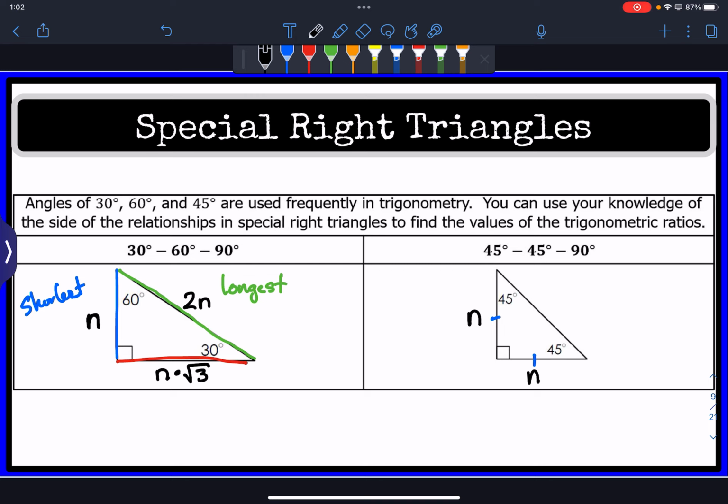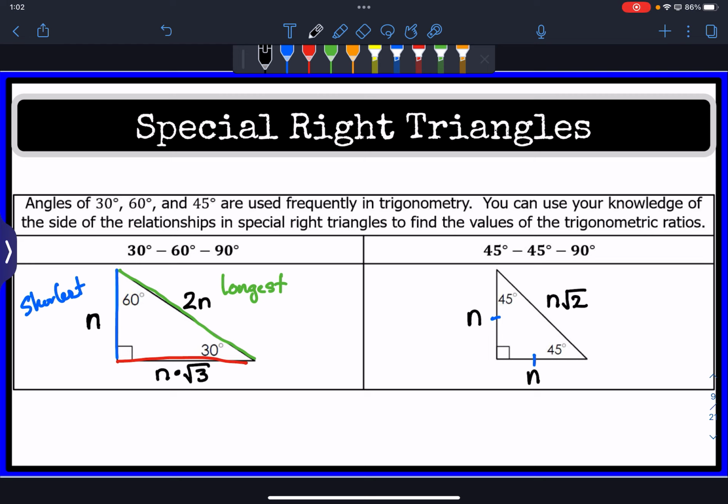Now, the relationship between either of these two legs and the hypotenuse is that the hypotenuse equals n, the length of the legs, times the square root of 2. So this is a special relationship on this type of triangle.